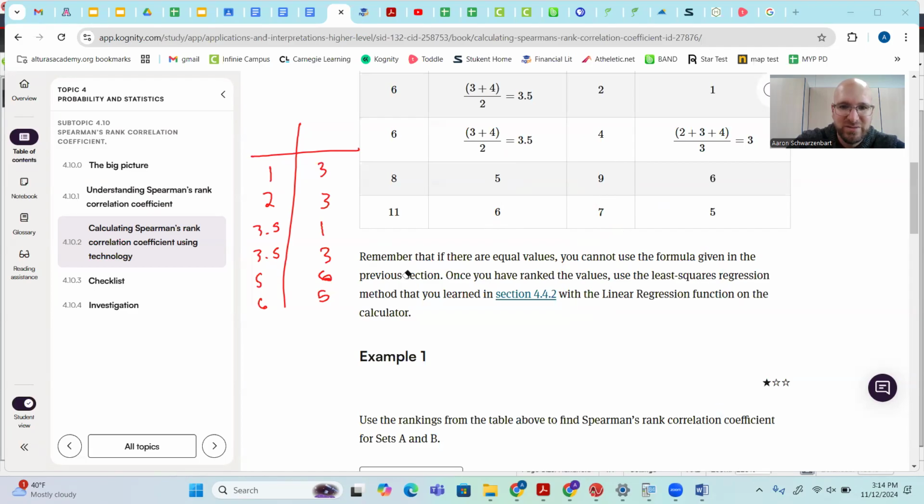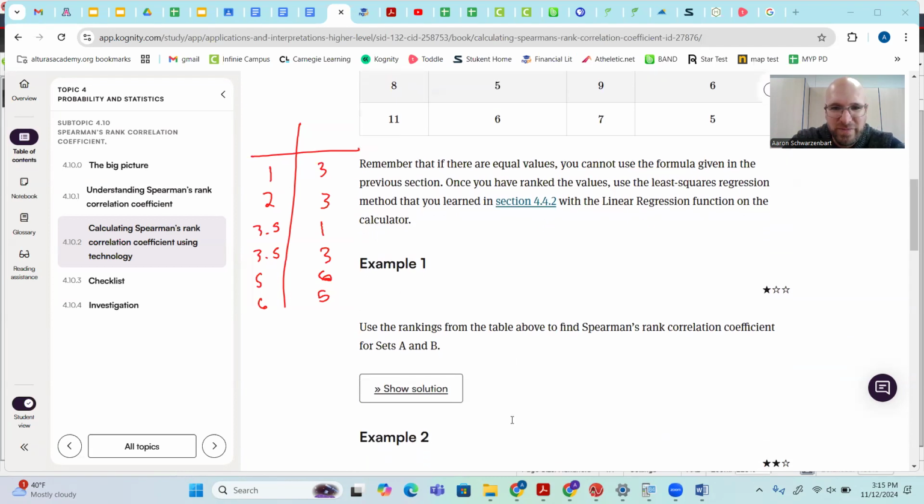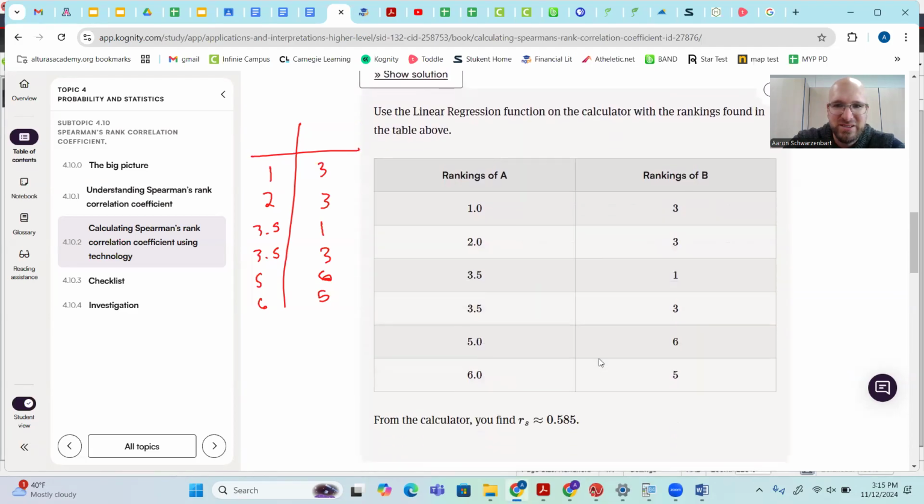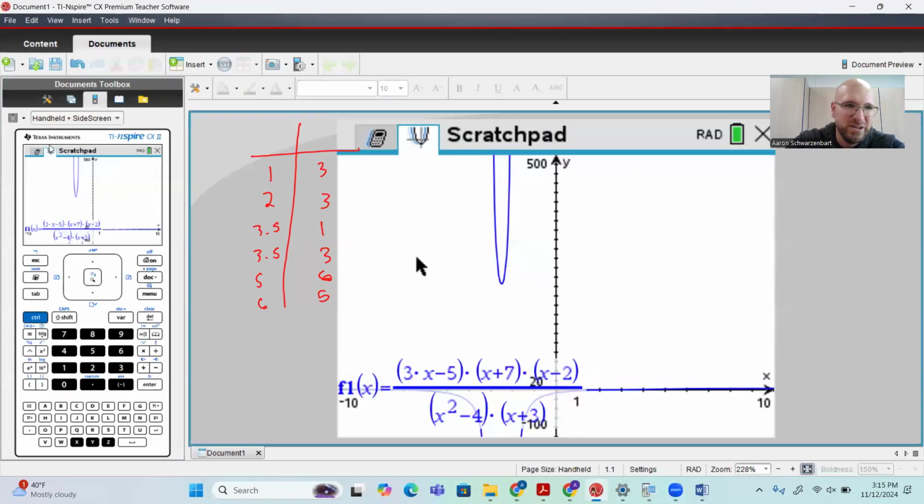So, using the rankings from the table above to find Spearman's rank correlation, I'm going to find the linear regression using my calculator, just like I always do. I'm going to do this on the Inspire, but for those of you with the TI-84, it's just standard regression.